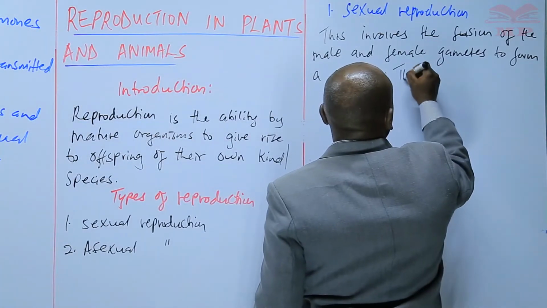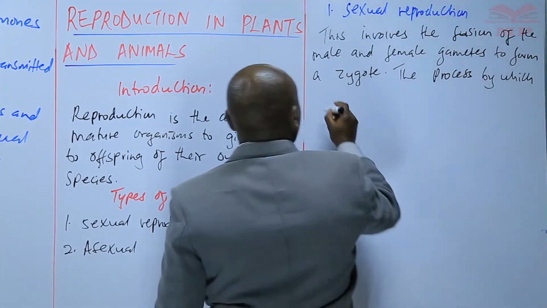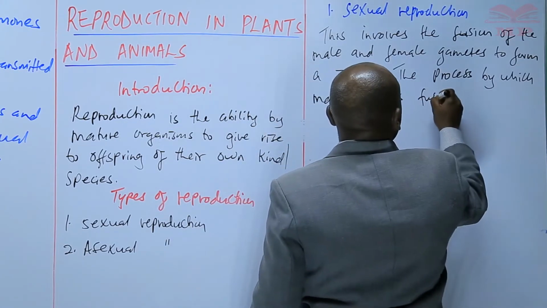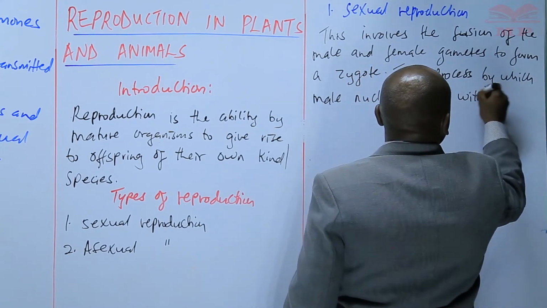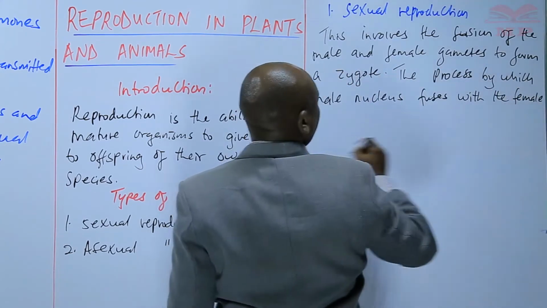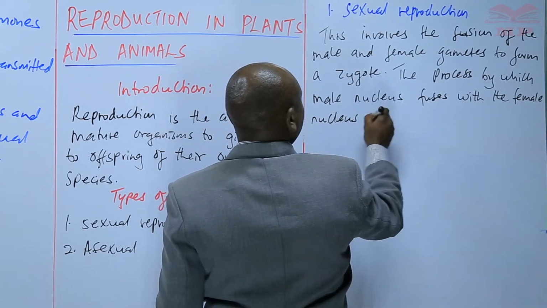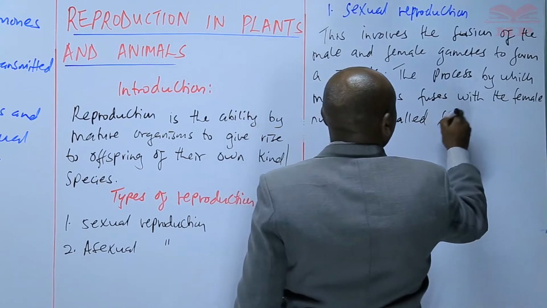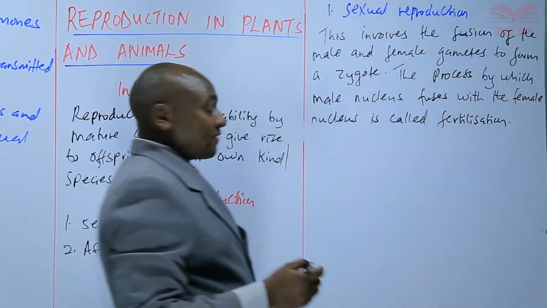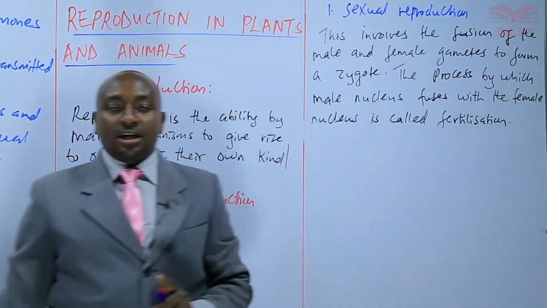So basically we can say that sexual reproduction involves fertilization.